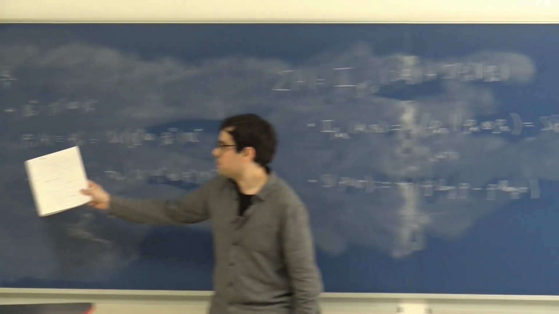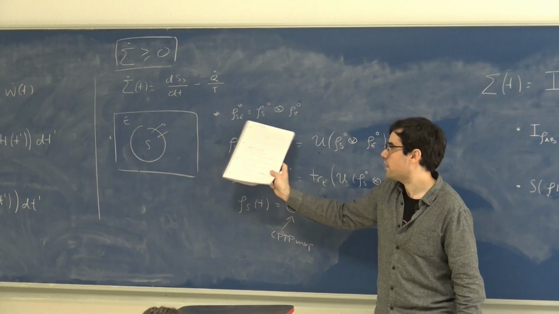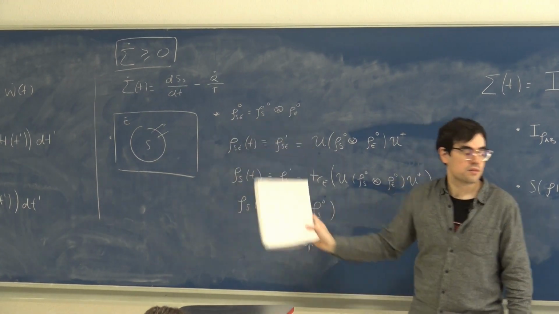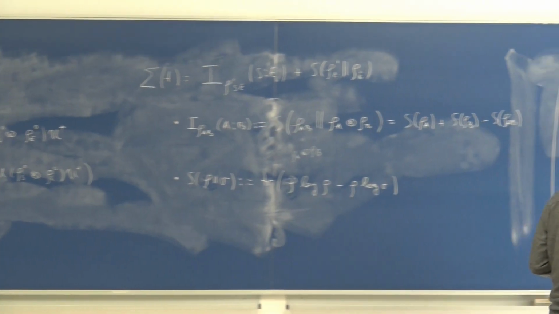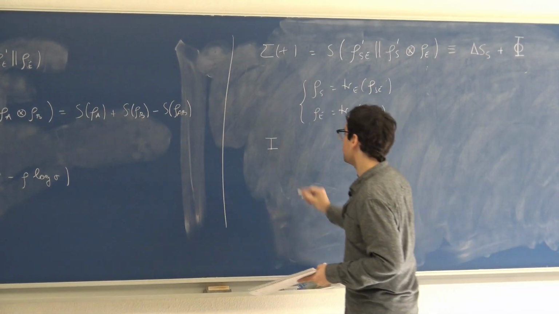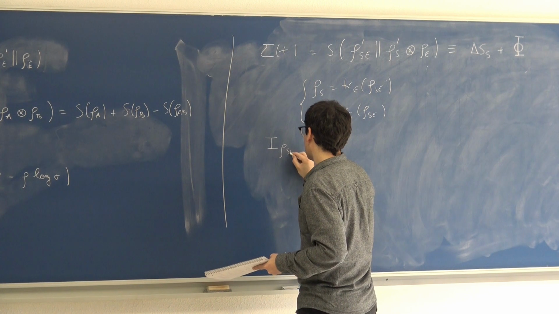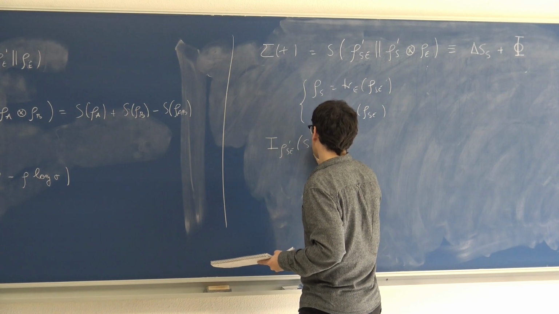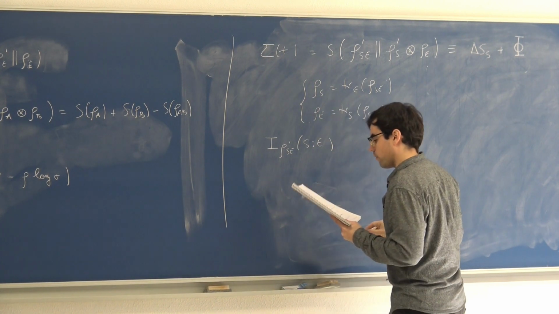Here, the system and the environment are initially uncorrelated. So you can compute the mutual information in the following way.